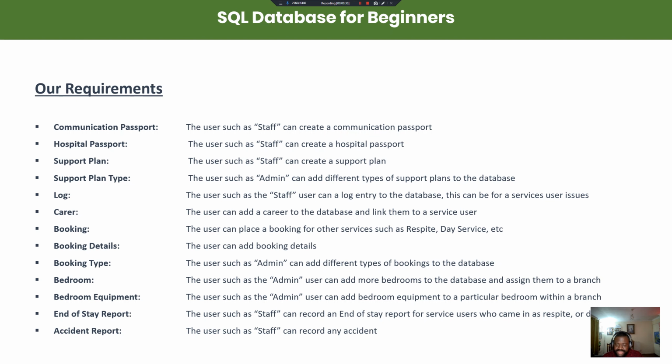You have to record that within a system, and you have your hospital passport to record the service user's profile, so that when you take them to the hospital, you can just give that hospital passport to the receptionist at the hospital, and they know exactly what the profile of the service user is. Sometimes the service user might not be able to verbalize and talk about how they're feeling, their pain and things like that. With the hospital passport, they'll be able to understand that aspect.